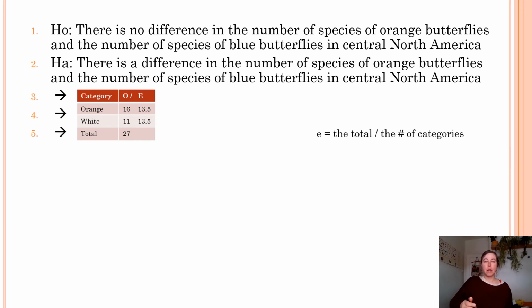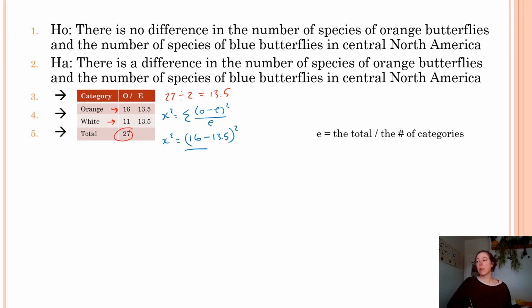So again, our expected is the total divided by the number of categories, so 2 categories. So 27 divided by 2 equals 13.5. That's our expected value. So to find our calculated chi-squared, we have 16 minus 13.5 squared over 13.5 plus, right?